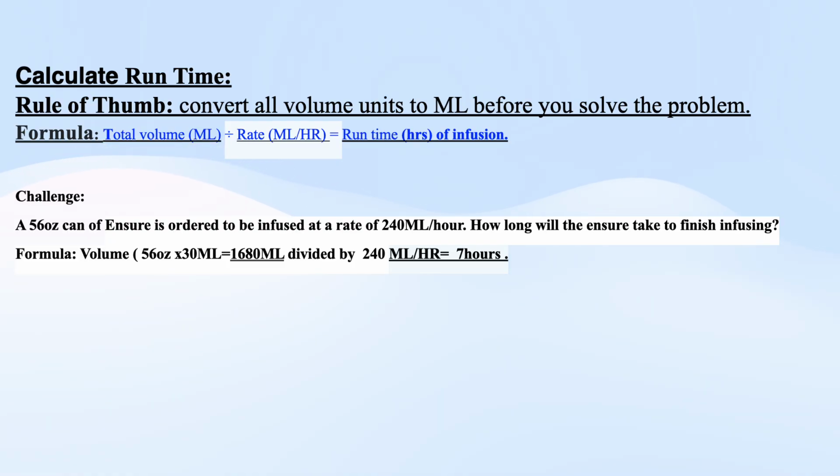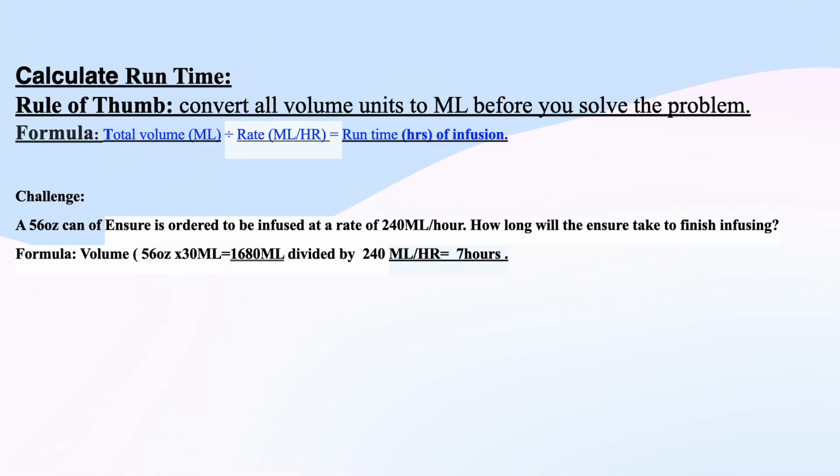Now, how long will the Ensure take to finish infusing? So this is most likely a patient who is receiving the feeding through some sort of tubing. Okay, and so we want to know how long is it going to take for it to finish infusing if every hour he or she is getting 240 ml.